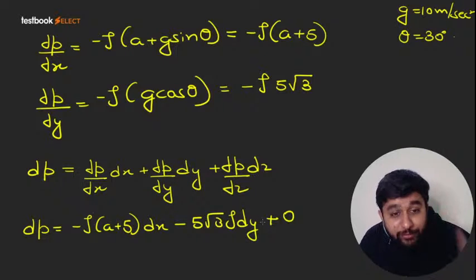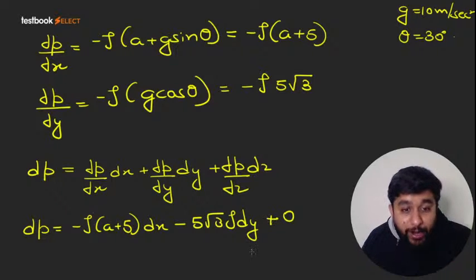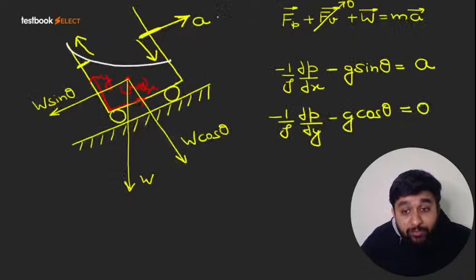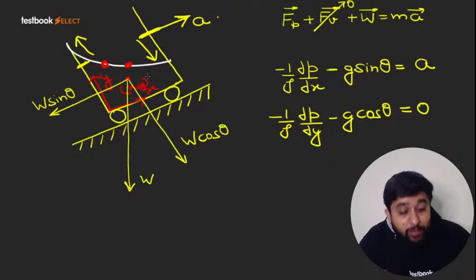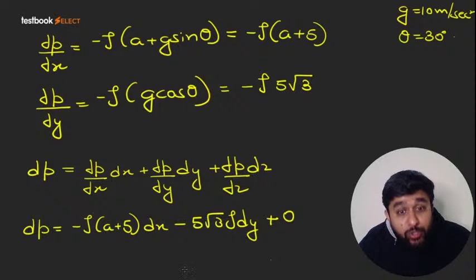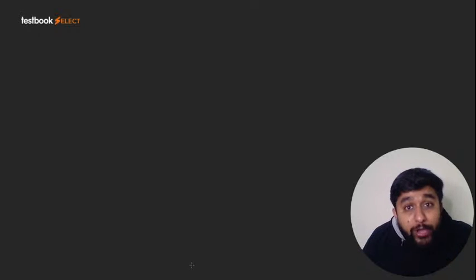Difference of pressure between two random points. But again, if the 2 points lie at top surface of water, both the points are exposed to atmosphere. So for the 2 points, the pressure difference is going to be 0.